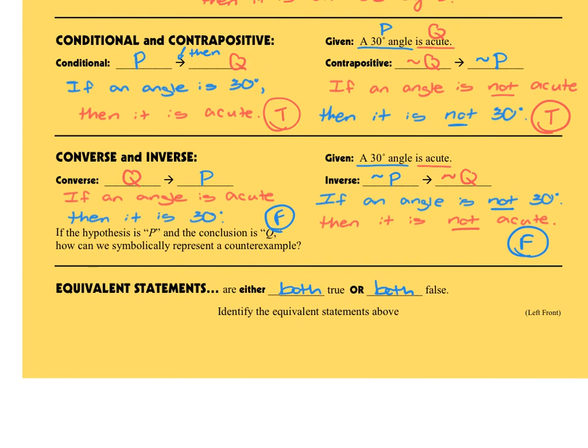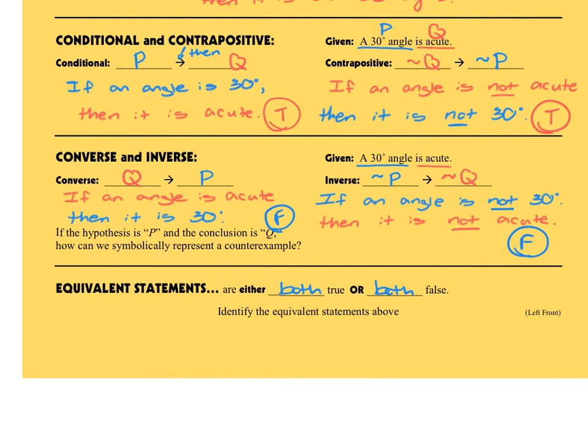What that tells us is that if we're given something that's written like this, and we think, hey, I don't like it written that way, I can write it as this form, thus taking the nots out. I can write it in this form and analyze it better. The same thing here. This is false and this is false, which means the inverse and the converse are equivalent.